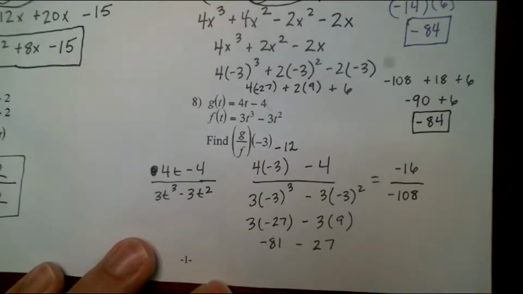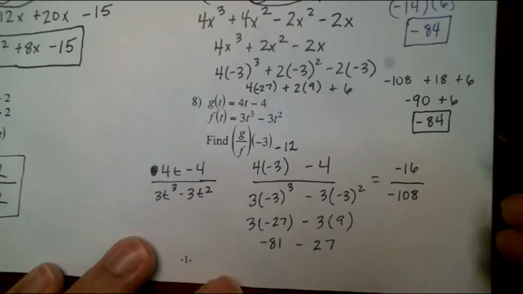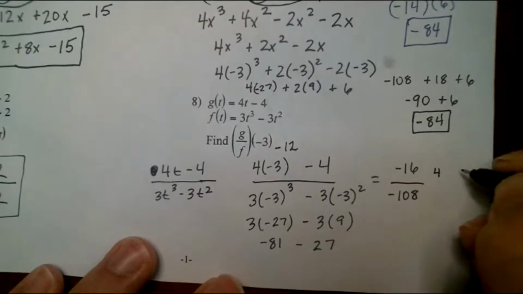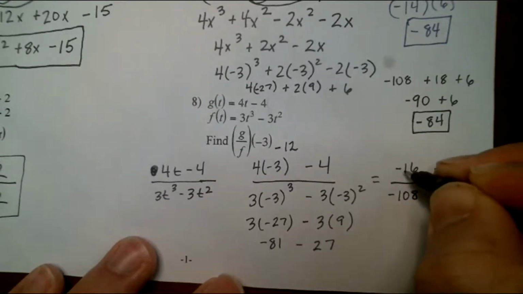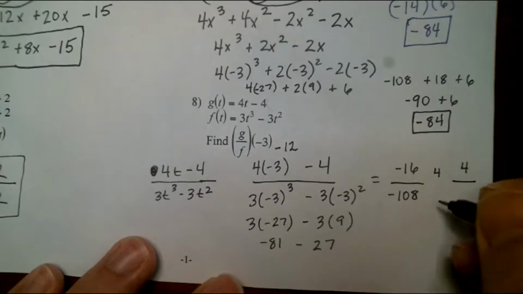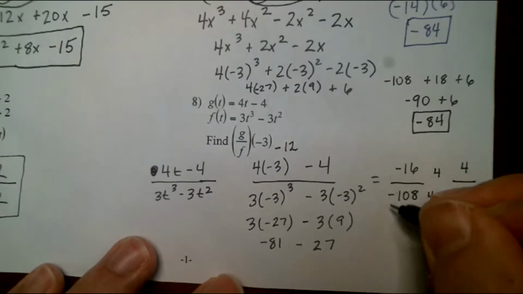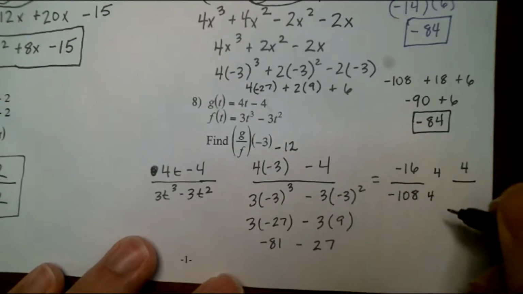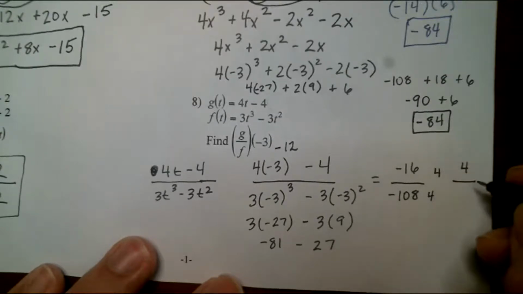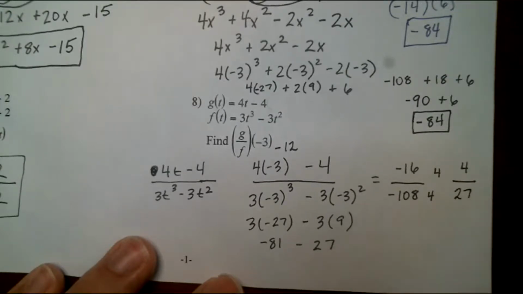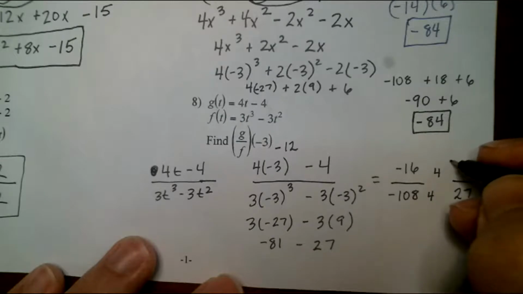Does 16 go into 108? It does not go evenly. We know 4 will go into both. 4 will go into that 4 times. And a negative by a negative is a positive. And 4 will go into that, think of 4 going into 108, 27 times. So it'll go into that 27 times. And then nothing will go into 4 and 27.